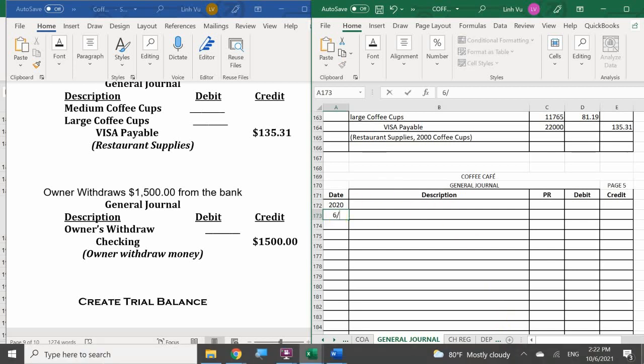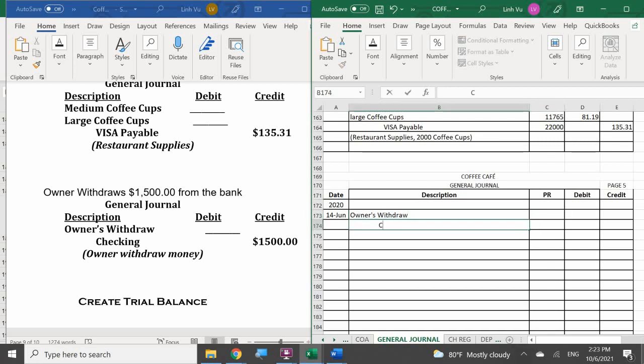So in this case, what account would I be using? The owner's withdrawal. And he's taking the money out of the bank, so checking.